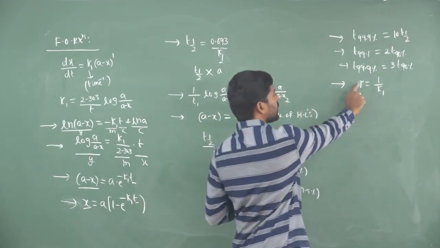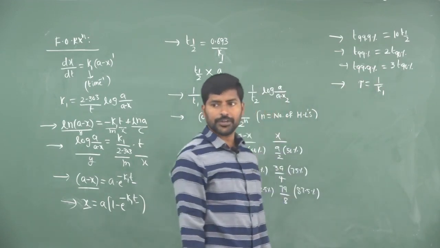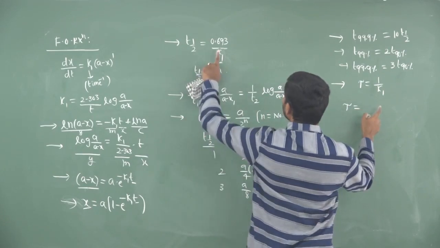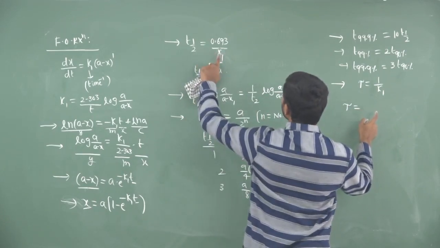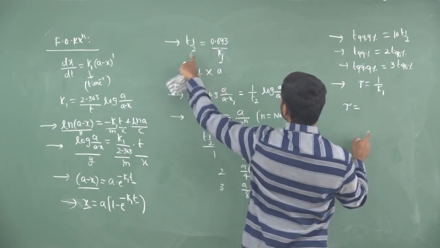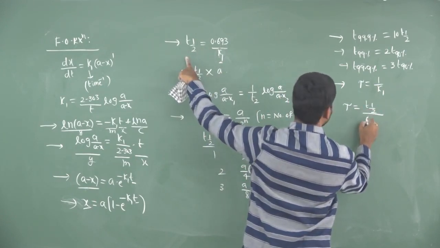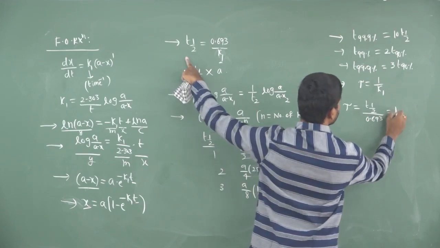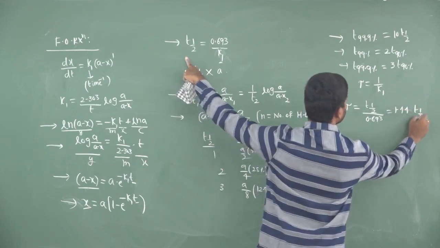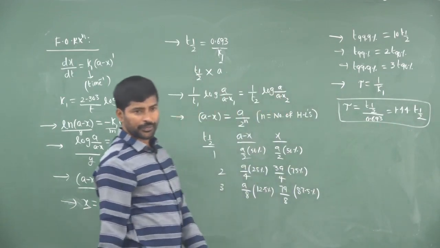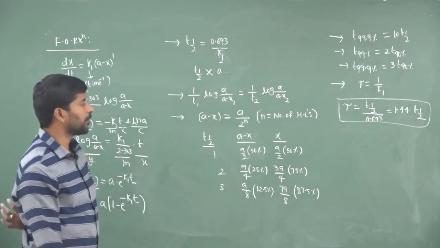The formula for average lifetime is 1 by K1. If you bring this to the left side, T half by 0.693, that means we get 1.44 times T half. This is the relation between average lifetime and half life.